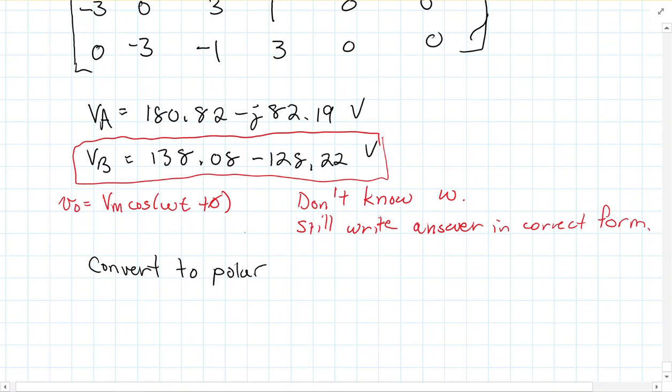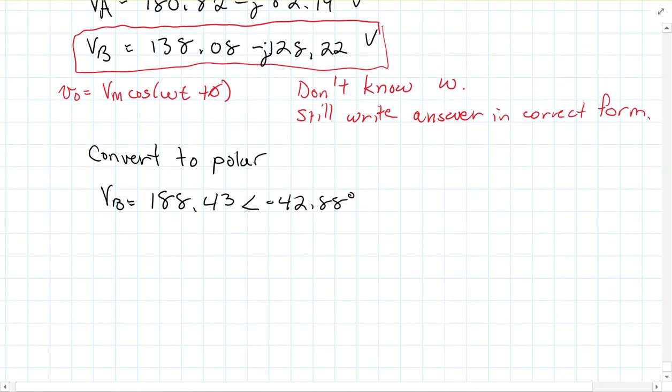So if I do 138.08, and I left my j out there, minus 128.22 j, and then I go to my math menu, convert that to polar, I get that VB is 188.43 at an angle of negative 42.88 degrees.